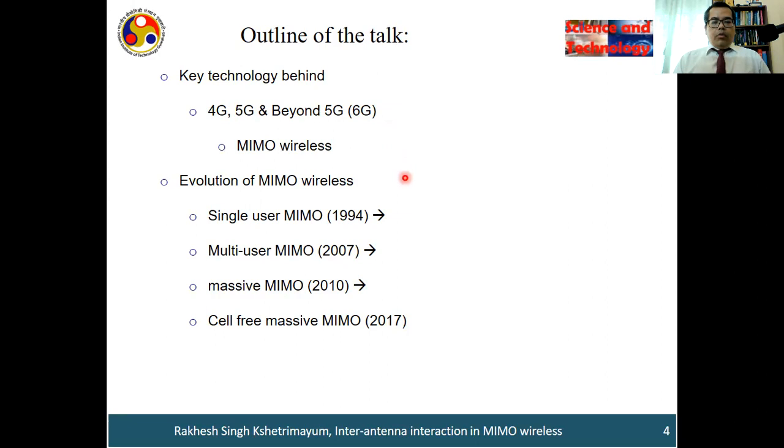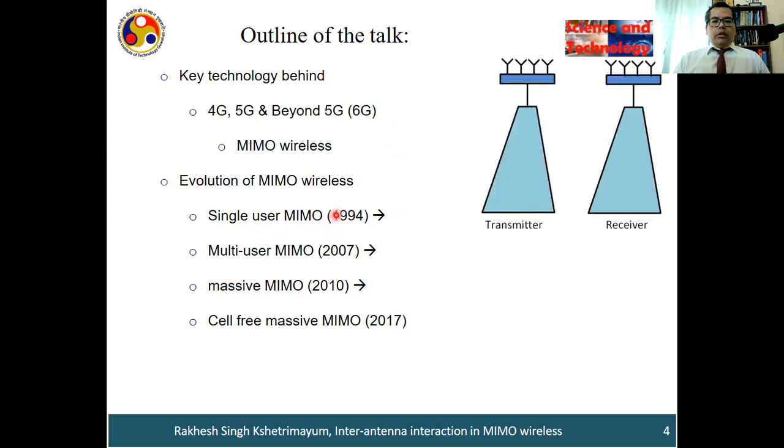This MIMO wireless itself has evolved a lot from the start. At the start, MIMO wireless was proposed as a single user MIMO somewhere in 1992-94. In this kind of single user MIMO wireless, you have a transmitter and a receiver. The transmitter will transmit the signal, a message, and information.